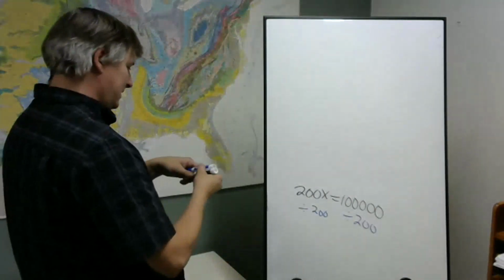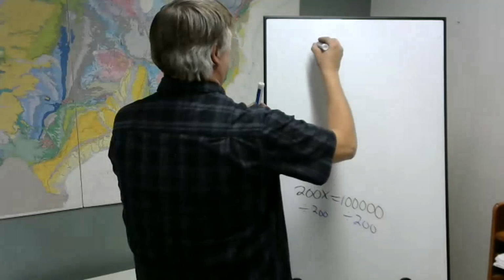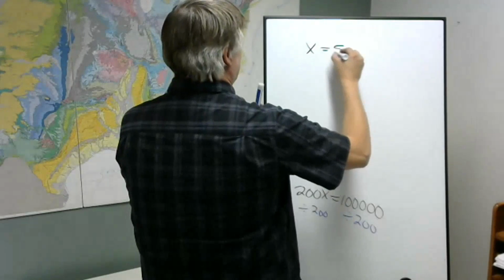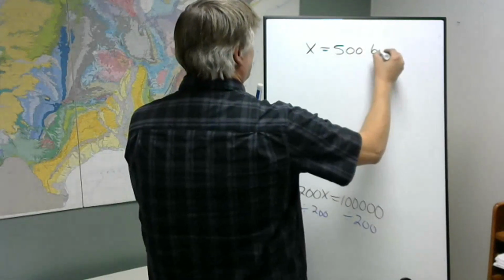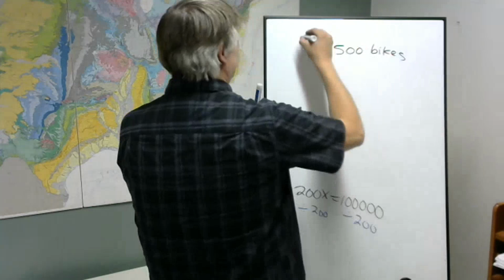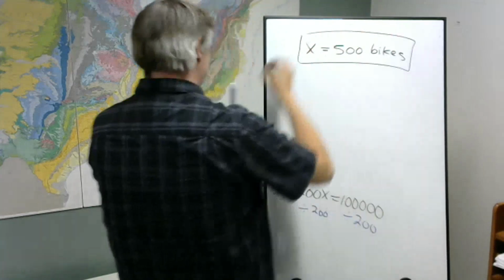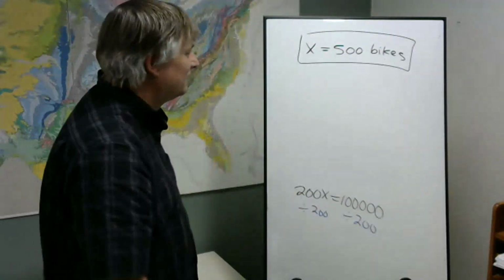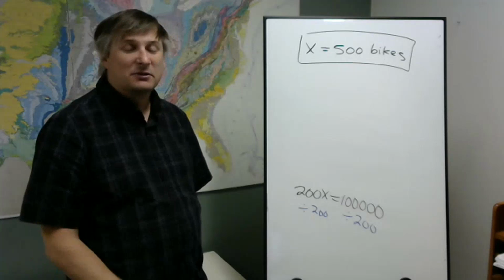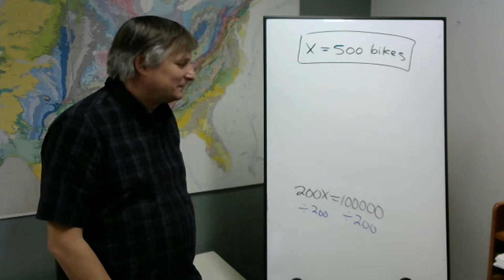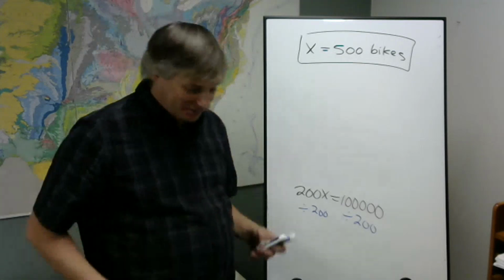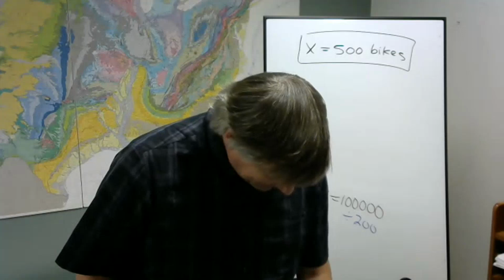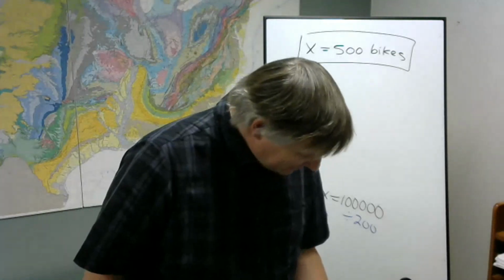And that will give us x is 500 bikes. And that's going to be our answer.